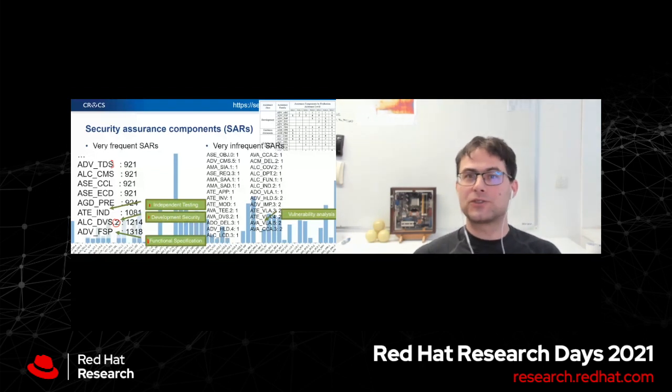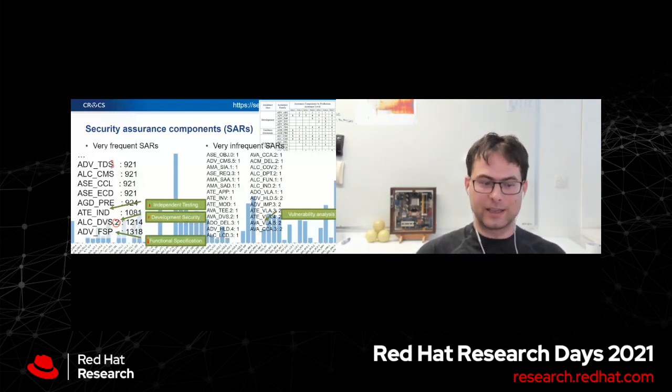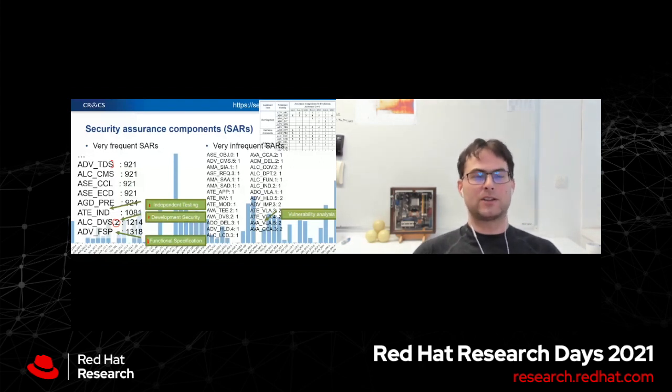You can start drawing heat maps, which basically means you have these security assurance components extracted, and you can start to look if someone picked development security. Are they going more for development security level 1, which is the basic one, or will they go for level 2? How many certificates with that?